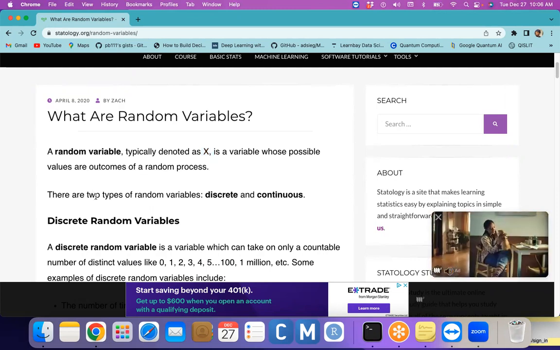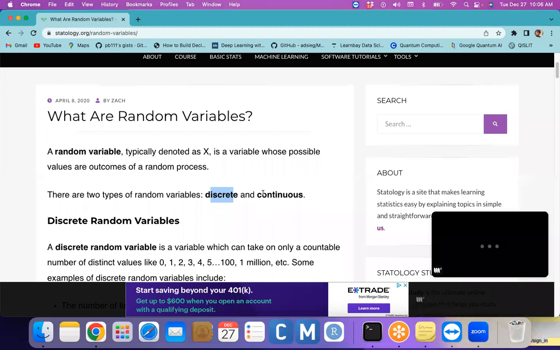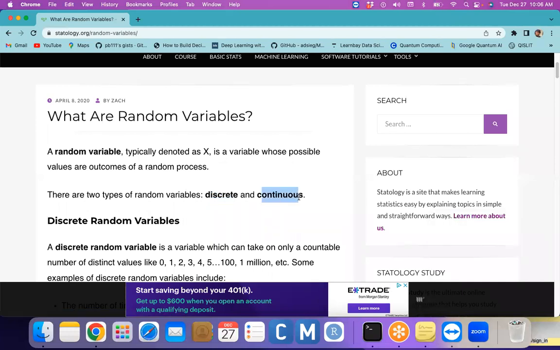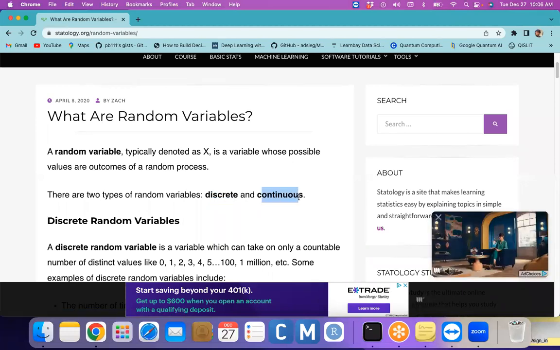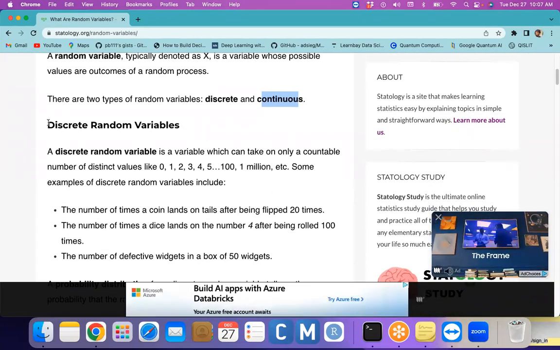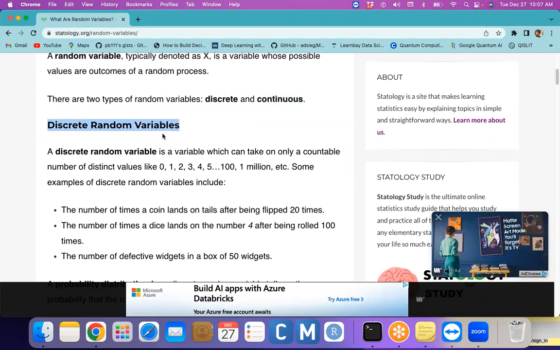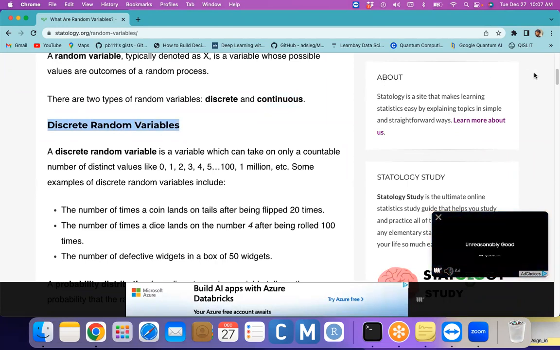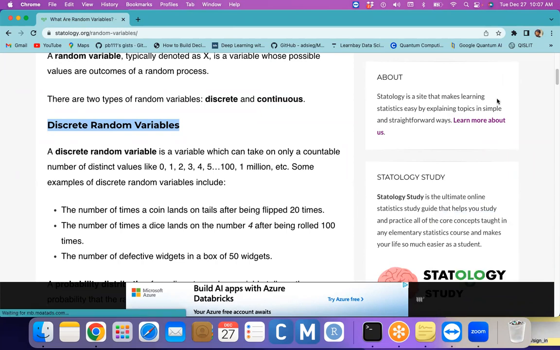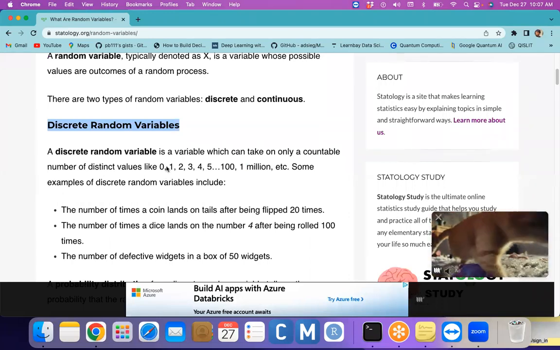There are two types of random variables: the discrete random variable and the continuous random variable. Discrete means something countable, something we can count. For example, how many students are there in the classroom?